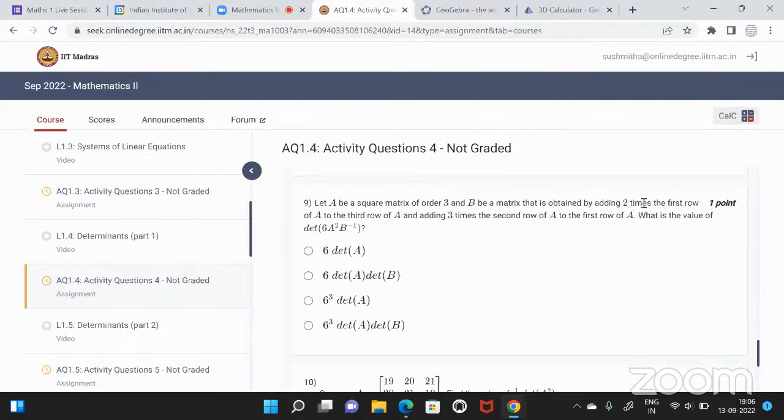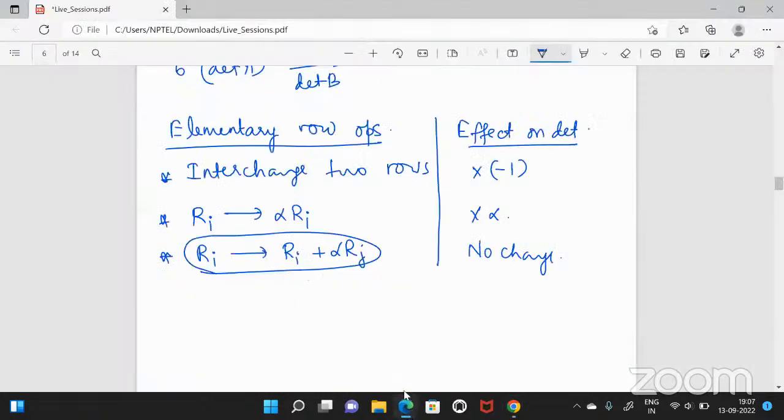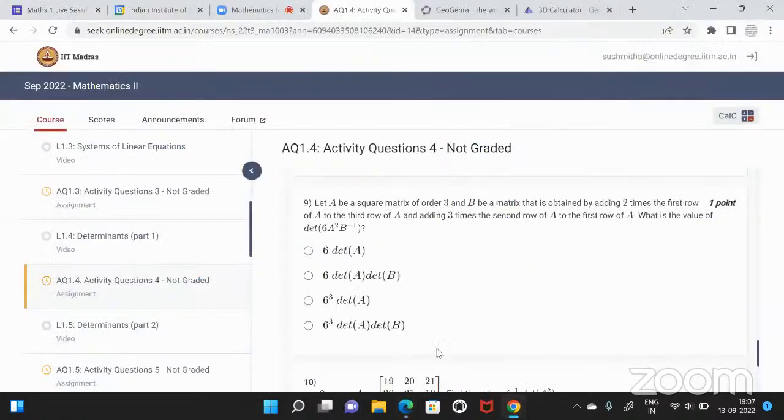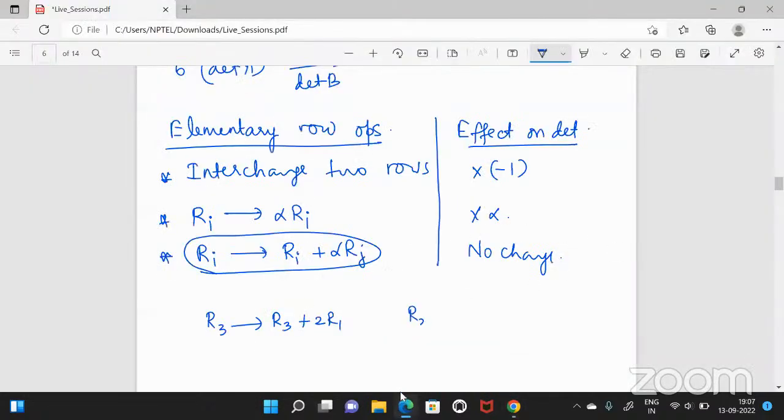So adding 2 times the first row of A to the third row of A, that is R3 is replaced with R3 plus 2R1. And what else is done? 3 times the first row of A is added to the second row, so R2 is replaced with R2 plus 3 times R1.